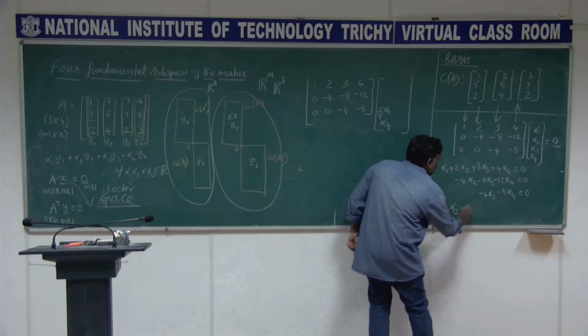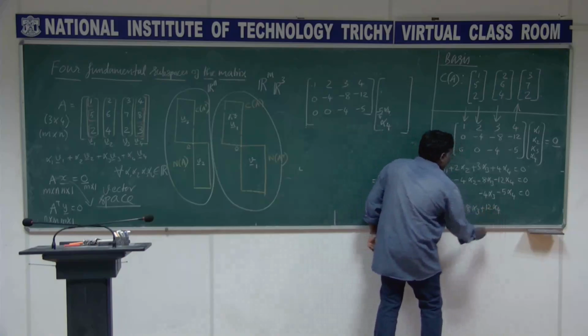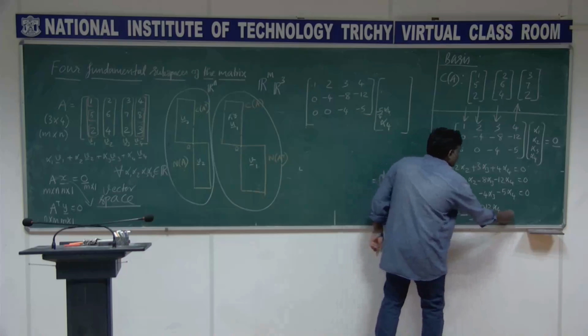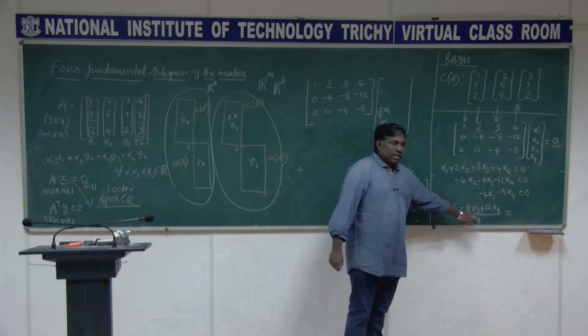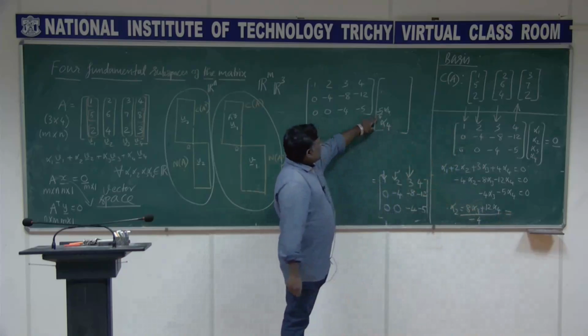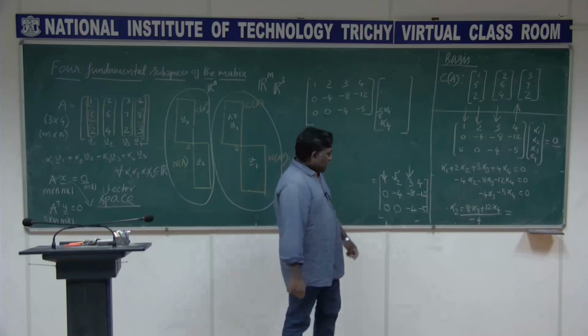Coming to this alpha 2. Alpha 2 is what? 8 alpha 3 plus what? 12 alpha 4 divided by what? Minus 4, right? But still, you know, I can represent this alpha 3 as what? Minus 5 by 4 alpha 4, right? So can you tell me what is that value?